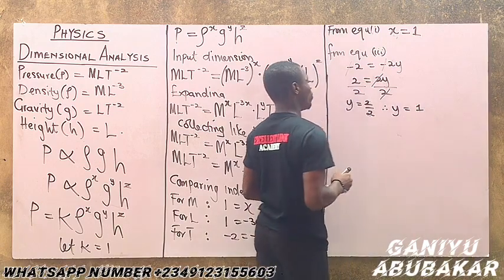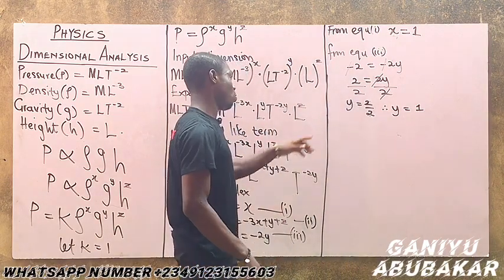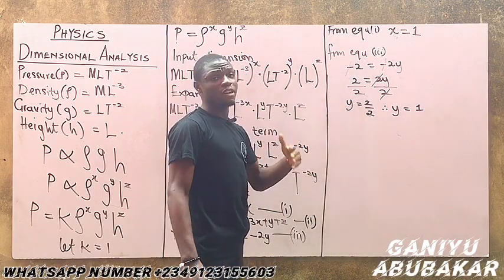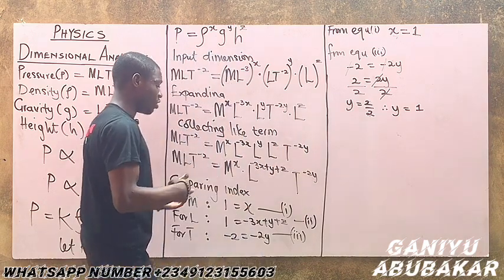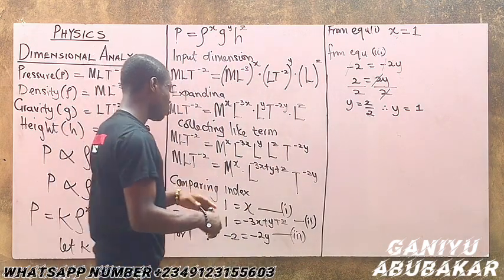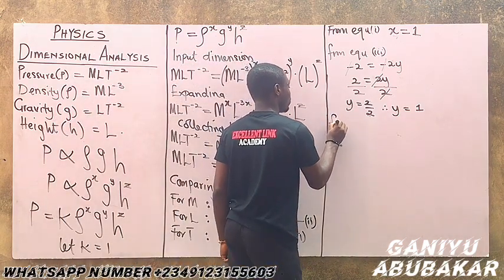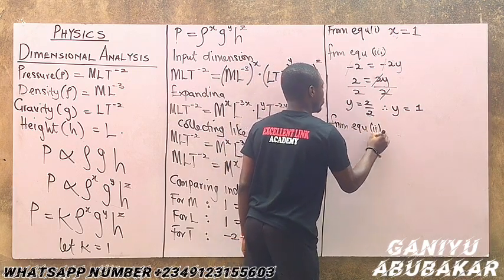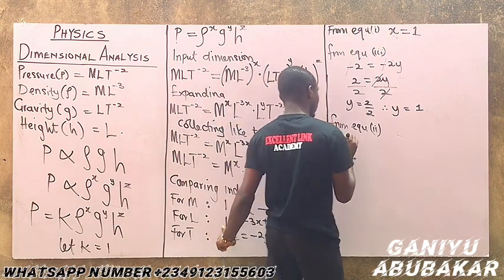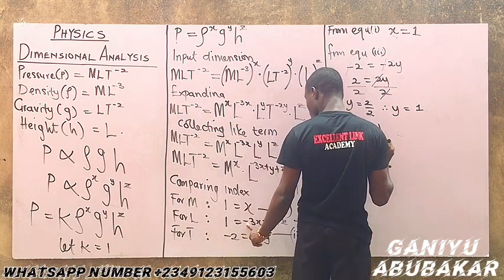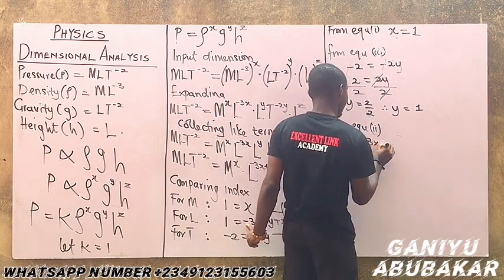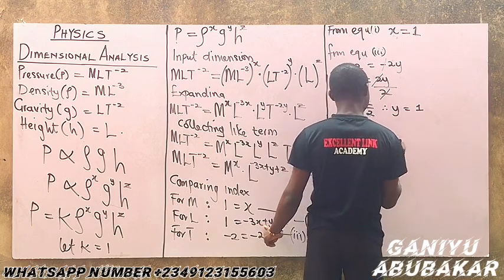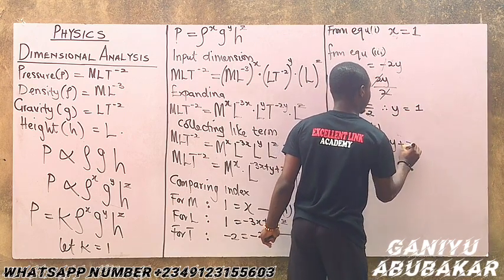So I've gotten the value for y and x, right? x is 1, y is 1. Let's get the value for z. To get the value for z, we recall equation 2, which is 1 is equal to minus 3x plus y plus z.